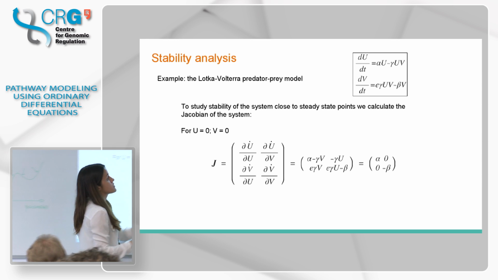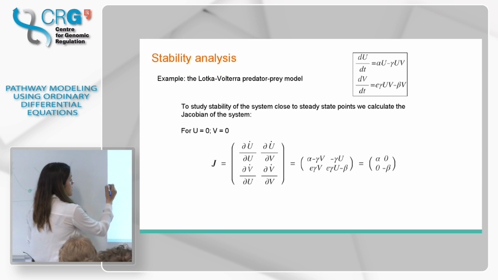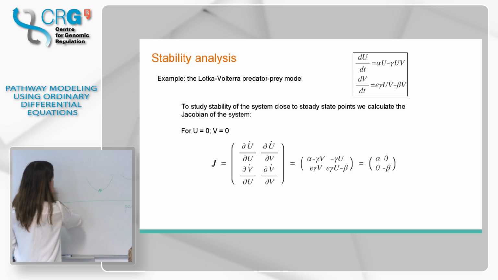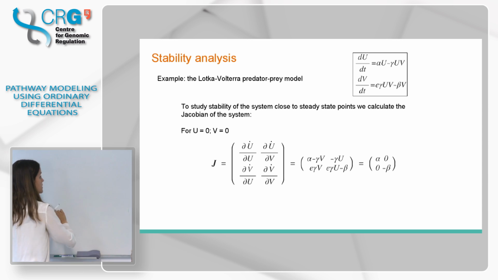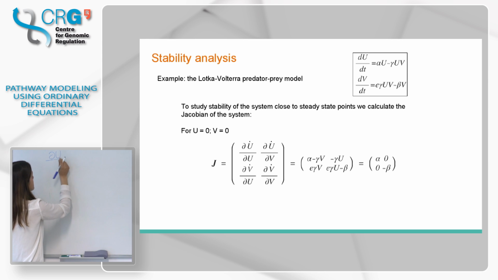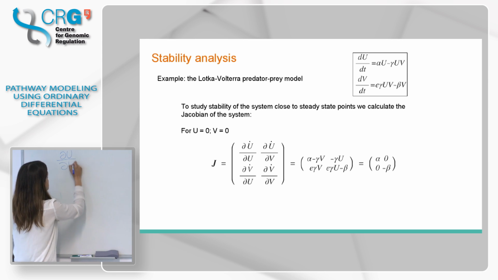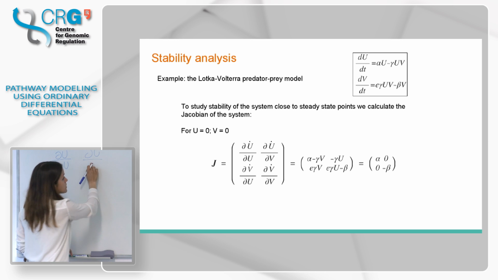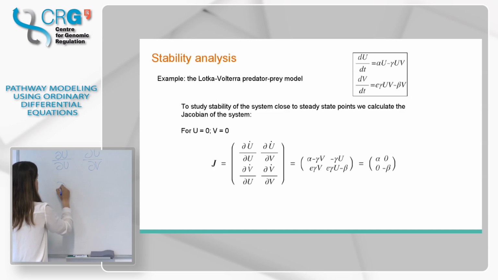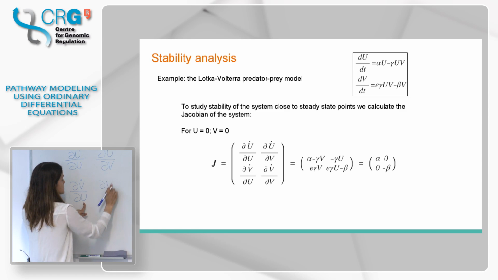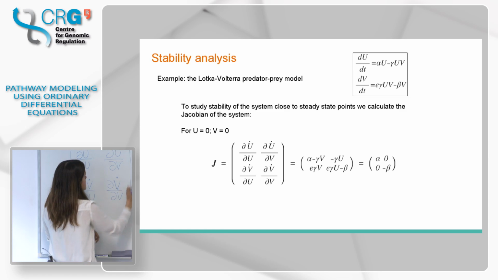In the system, we have two variables, U and V. This is the differential equation of U. We're going to calculate the derivative of this one with respect to the prey, and the derivative with respect to the predator, and we're going to do the same with the other differential equation, with respect to the prey and with respect to the predator. This is what we call the Jacobian of the system.